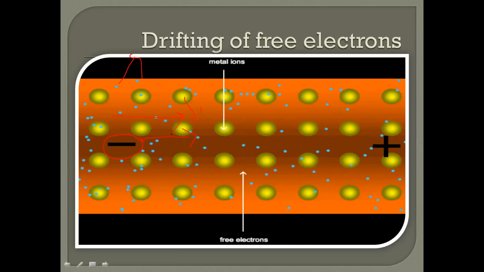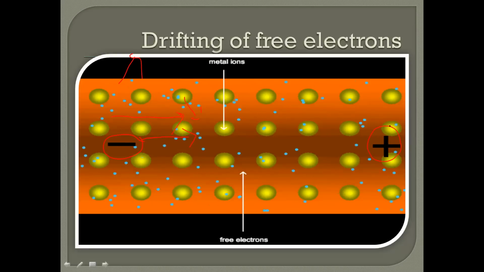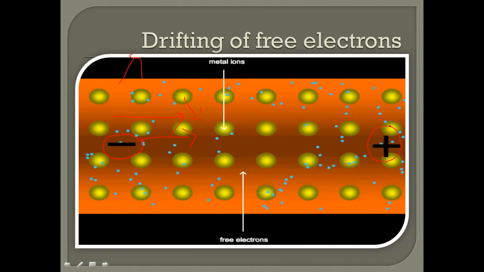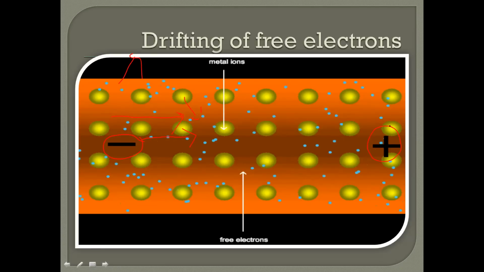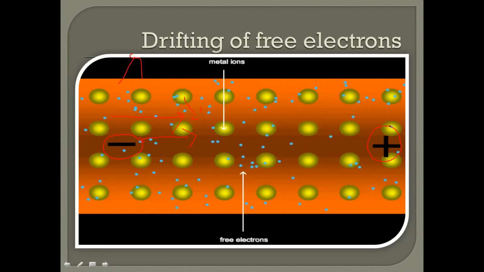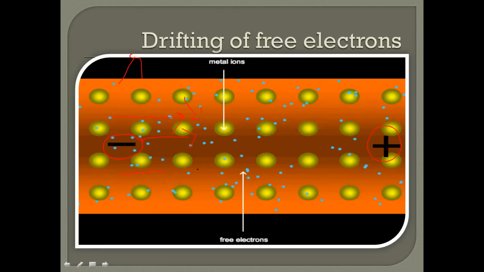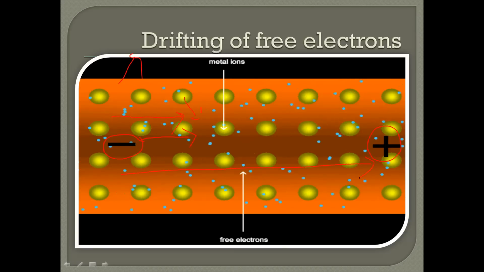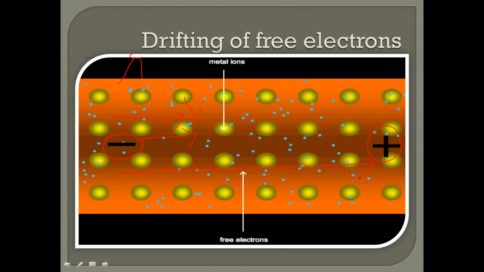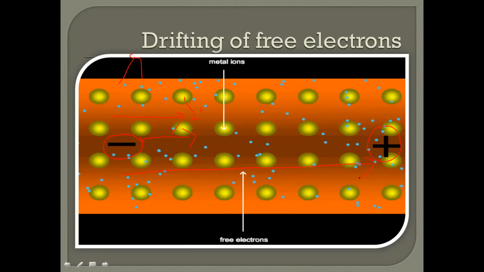Then there is a positive terminal of the battery connected at the opposite end, which means obviously these negatively charged particles will be attracted towards it. This makes the movement of electrons in a proper direction. That is, they will move from left to right by overcoming the resistance, the opposition offered by the metal ions.